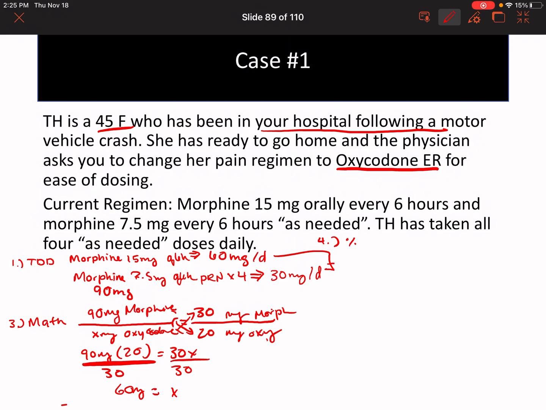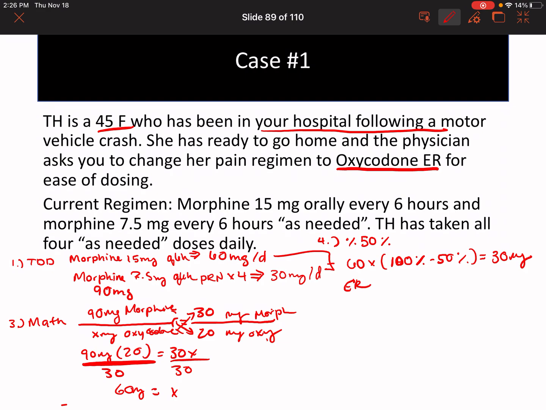For 60 milligrams, we want to make sure that we're reducing by, for most cases, 50%. Just to be super safe, I would do 100% minus 50%. That way, whenever you do a 25% reduction, you know you're taking 75% of the dose. So 50% of 60 gives me 30 milligrams, and that's how much of the long-acting we need.